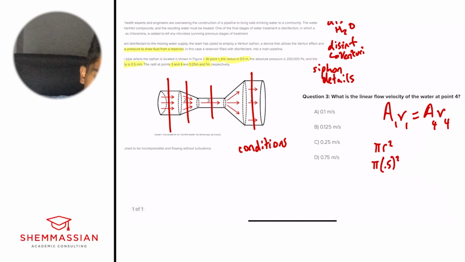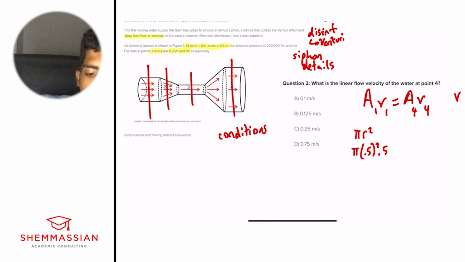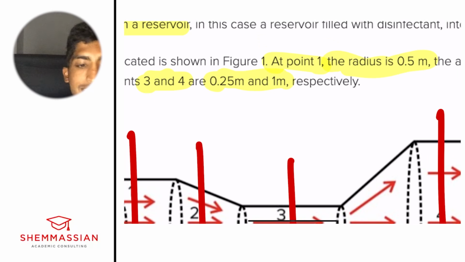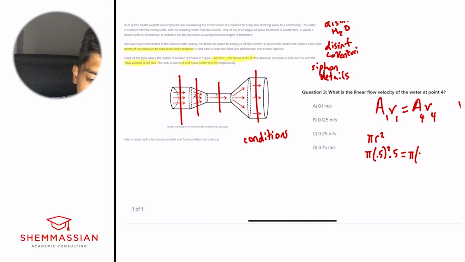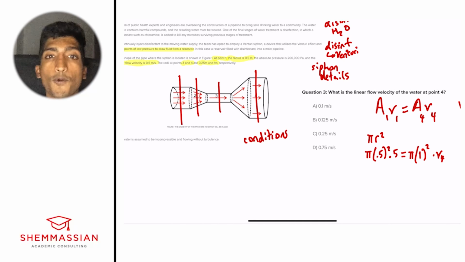So I'm going to go ahead and write 0.5 again. And I'm going to say that's equal to the area of cross section of 4. Same thing. Pi times what's the radius at point 4? Well, we see right here, the radius is 1 meter. So we're going to put pi times 1 squared times V4. And again, V4 is what we're looking for, so we're going to go solve for that.